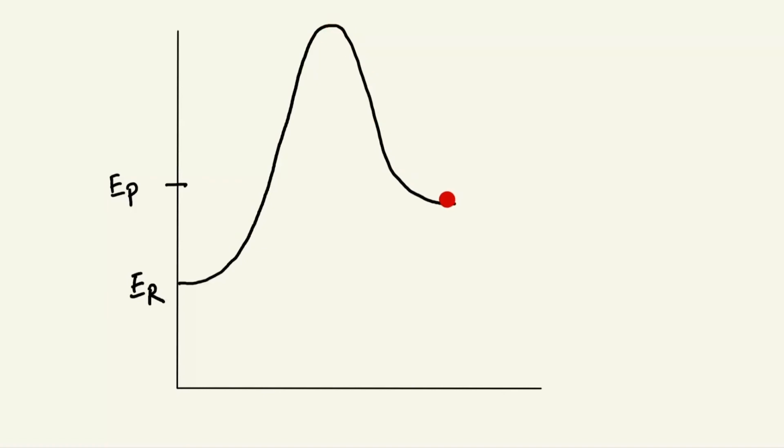What is this uphill and downhill? This is the energy barrier. That means in order to form the products, first they must acquire this much amount of energy, what we call the threshold energy.